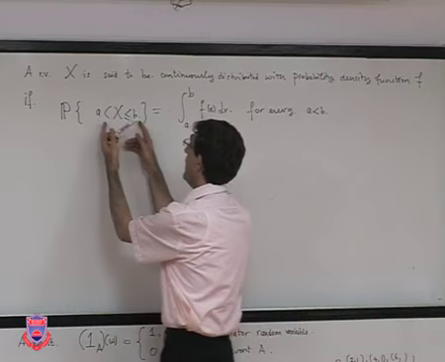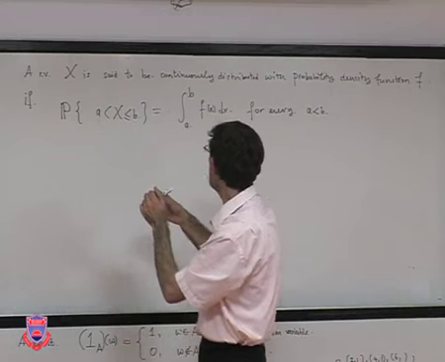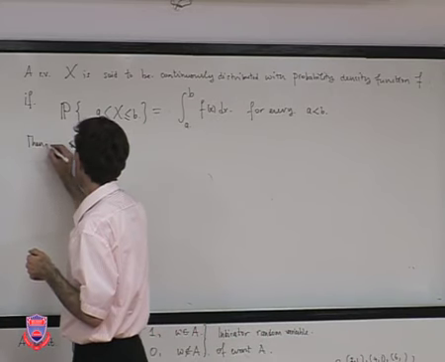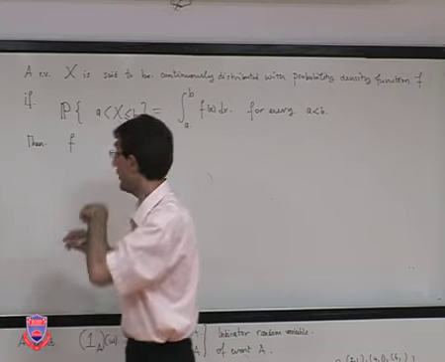And by making a and b arbitrarily close to each other, you can show that f is not an arbitrary function.